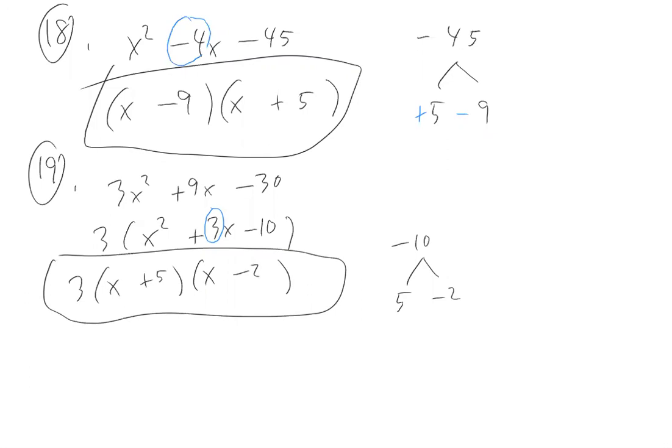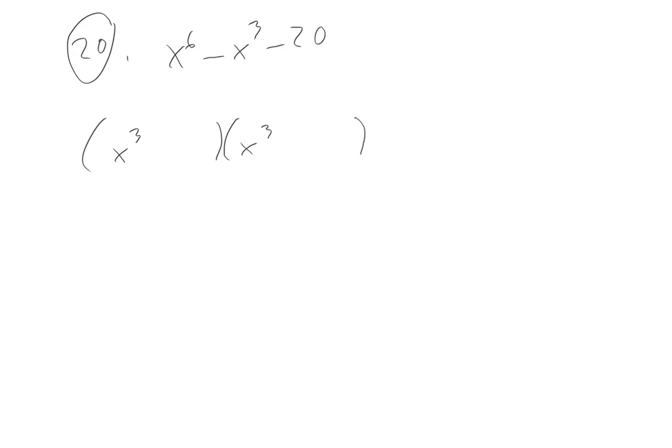Then number 20. X to the 6th minus x to the 3rd minus 20. So first of all, we look at the x to the 6th. That can break apart into x cubed times x cubed. Then we look at the minus 20 and find numbers that will break that negative 20 down. We could pick something like 2 times 10, or 2 times negative 10, or 5 times 4, or whatever.